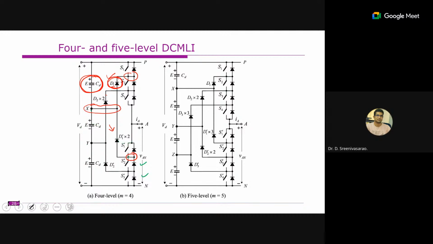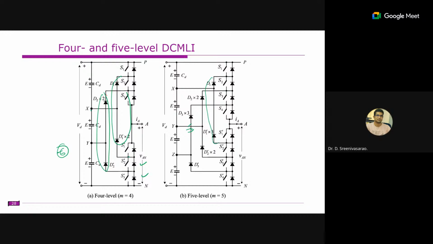Meaning, we have one more diode of the same rating connected in series. Same thing here, D1 into 3 means there are 3 diodes here, because they are supposed to withstand a different voltage level. So we have 3 diodes here and 3 diodes here, so 6 diodes are required per phase.